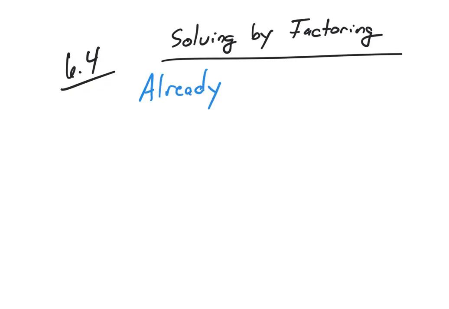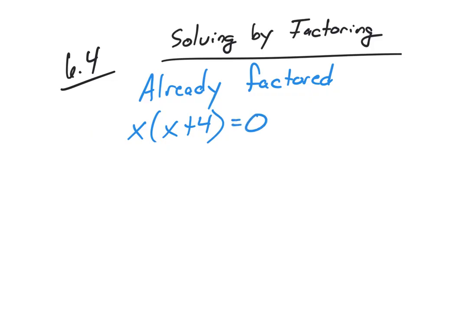The first ones that we're going to look at are equations that are already factored, so we don't have to do the factoring ourselves. If I look at one that is a GCF, the biggest difference today is that we're going to see an equal sign on our equation, so it's an equation.